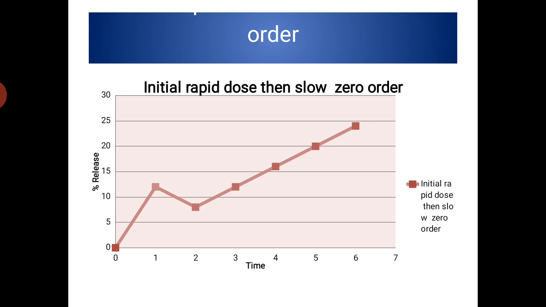After 1 hour onwards, it releases in a purely slow zero order pattern. That means every 1 hour 5 mg, next 1 hour 5 mg, and it extends the release up to 24 hours. So what is the advantage of this? Initial burst release produces a better therapeutic activity, and it helps in attainment of steady state concentration very easily.